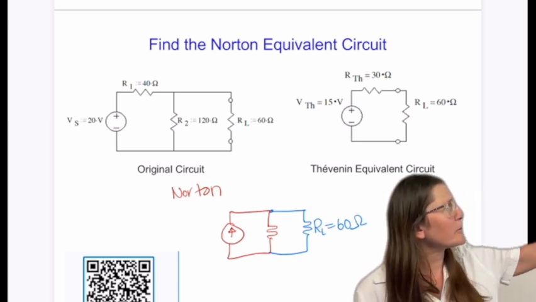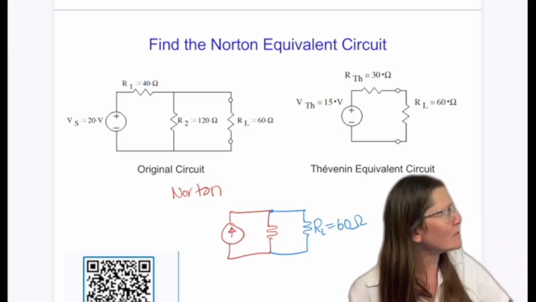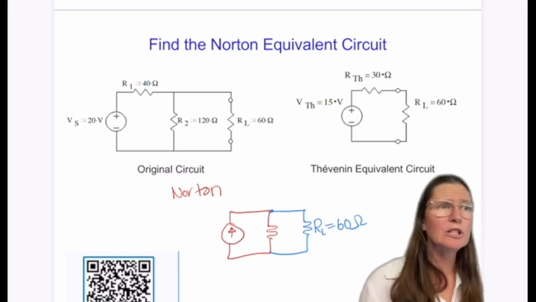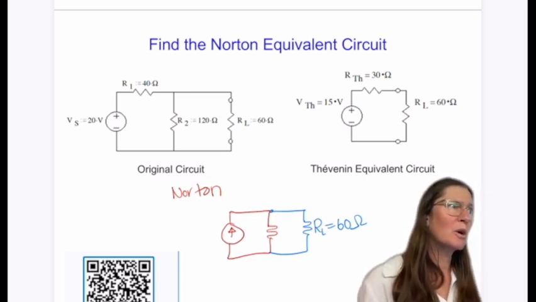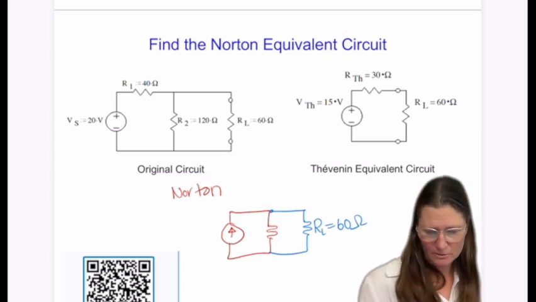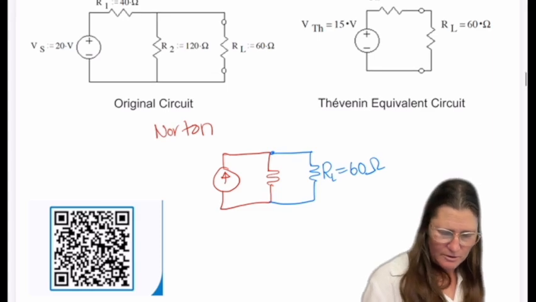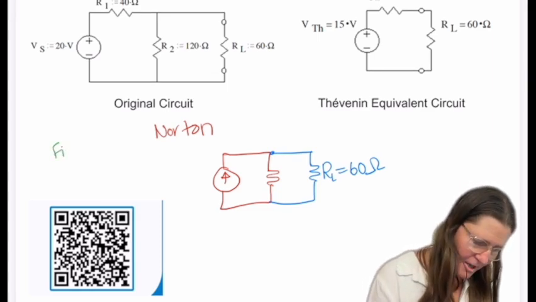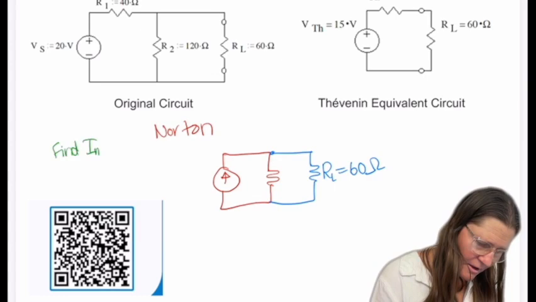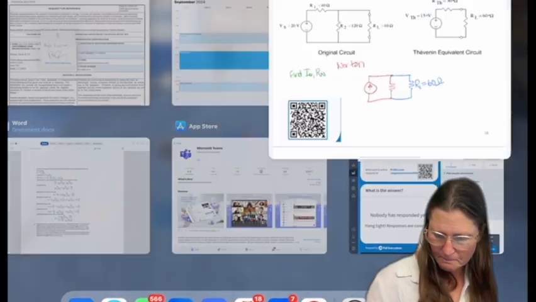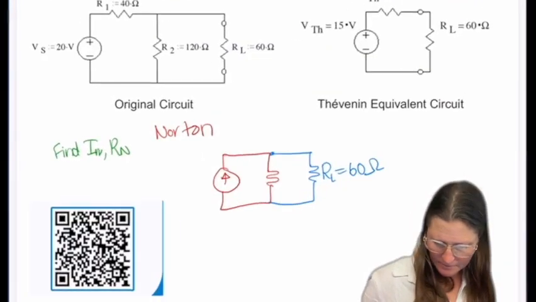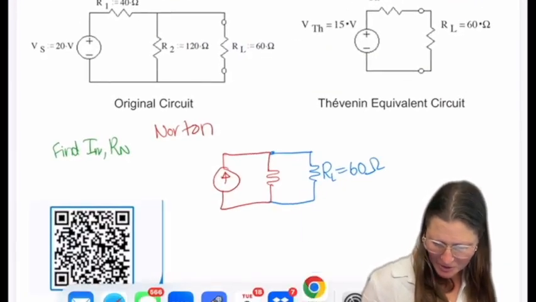This is what we solved last time, got 15 volts for VTH and 30 ohms for RTH. If I was to convert this into the Norton, what would be my current value here? So find IN and RN, and then use the poll to put your answers in.